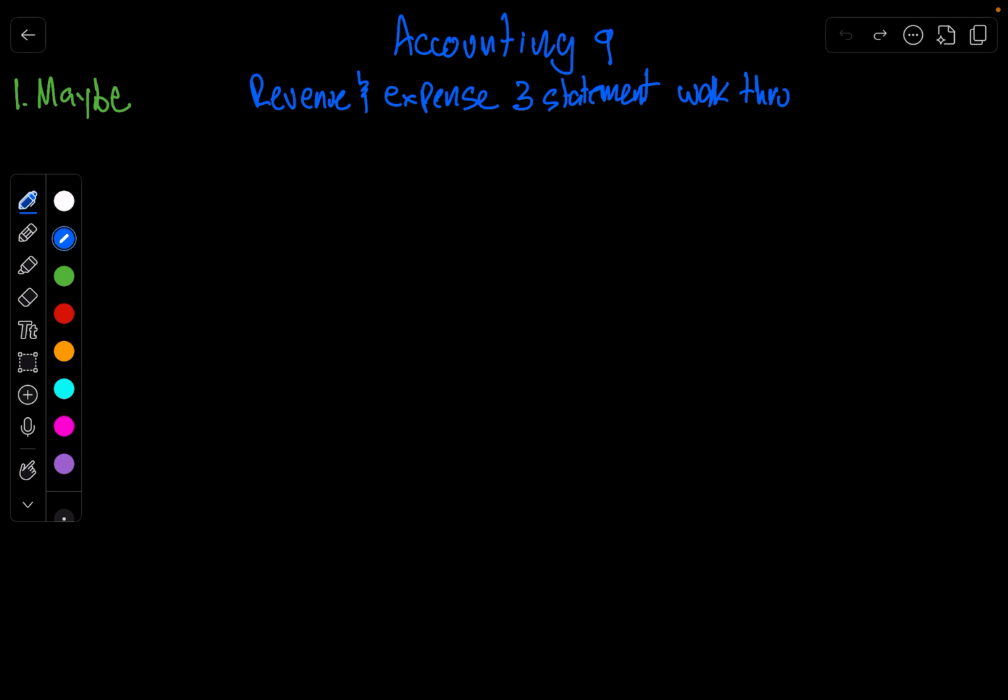So we're going to look at our income statement, we're going to look at our balance sheet, and we're going to look at our cash flow statement, and we're going to basically figure out that if a particular event happens, what happens to each one of these three statements, right? So I'll start off with kind of easier examples, and then I'll get into like the more complex examples as we move on, right? So let's talk about the first example, right?